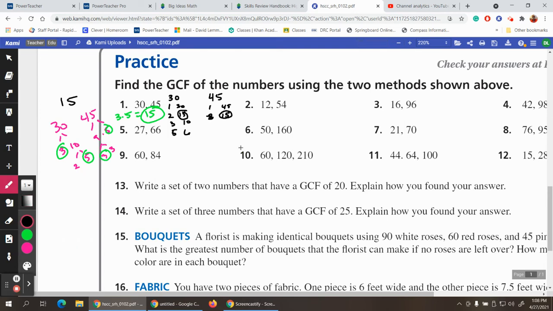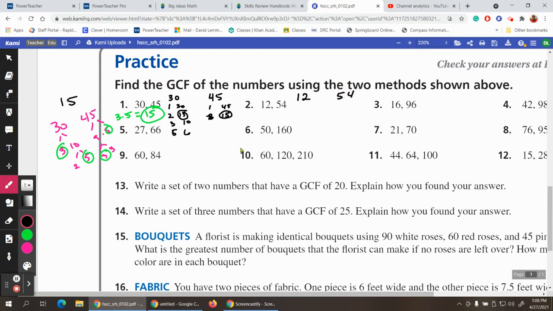First thing I'm going to do, right out of the gate, is see if 12 works out of 54. Nope, 54 does not divide evenly by 12. I'm just going to try that right out of the gate and see if something like that works. But let's see, 12 and 54.